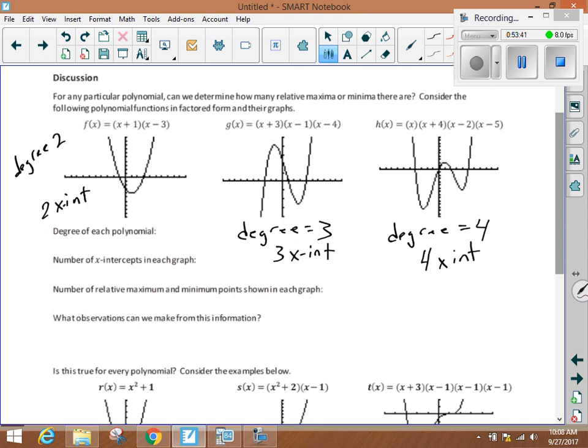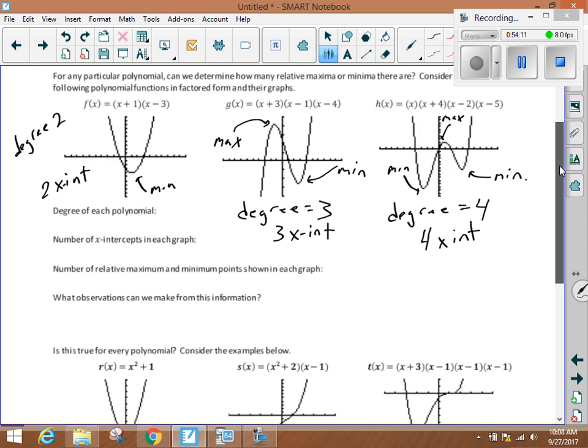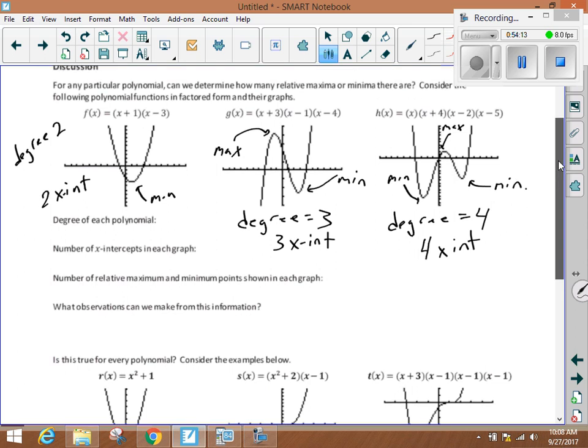The number of relative maxima or minima: this has 1 relative minimum. This one has 2. It has a relative max and a relative minimum. This one has 3. There's our min, here we have a max, and here we have a minimum. So what observations can we make about this information?